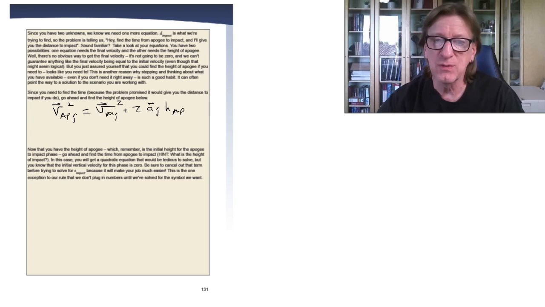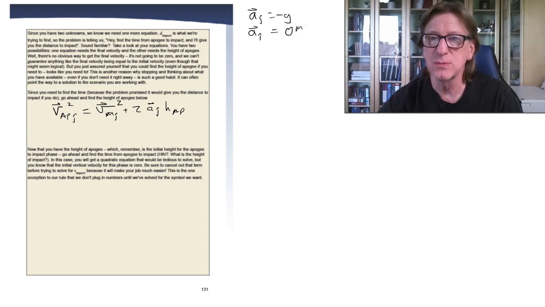So we've got all these symbols here. Let's remind ourselves of what we've found so far. We know that a_j is going to be minus g. We know that the horizontal component of the acceleration is going to be 0 meters per second squared. We will just remind ourselves that V_ap in the j hat direction, remember, was 0. And we know that our V_ap in the i hat direction is equal to our initial value in the horizontal direction.